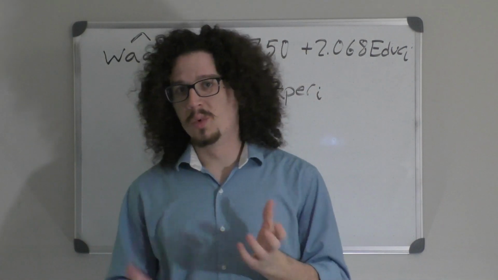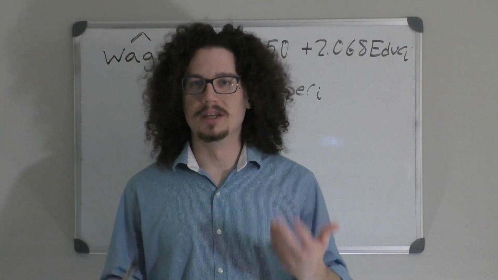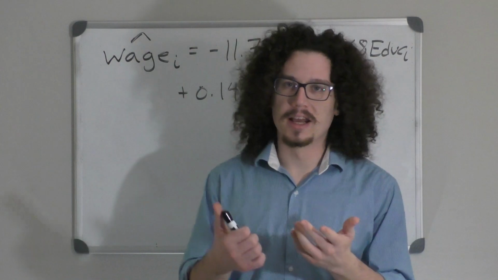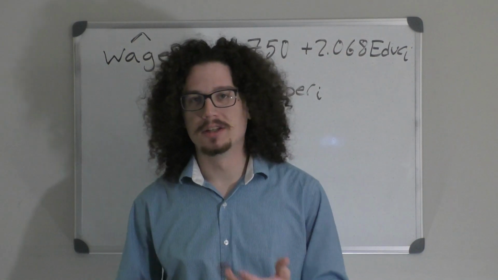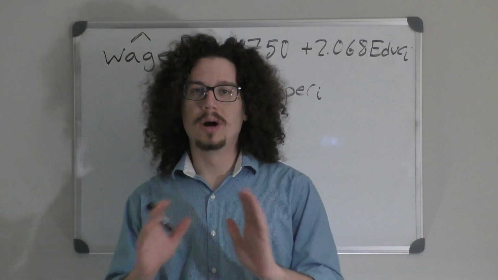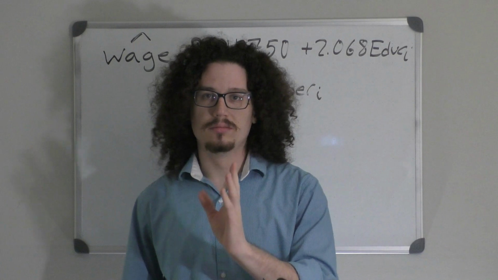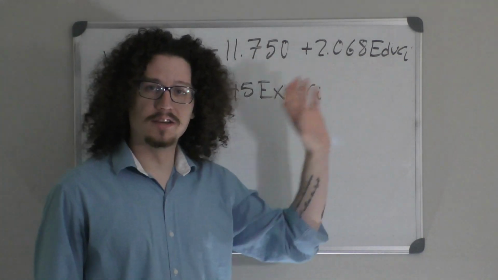Right. So when we're interpreting these, the word or words of the day are all else equal. If you've had an economics class, you might have heard it as ceteris paribus. It's the same thing, it's just Latin for all else equal. We're holding everything constant but the thing that we're interpreting, right?